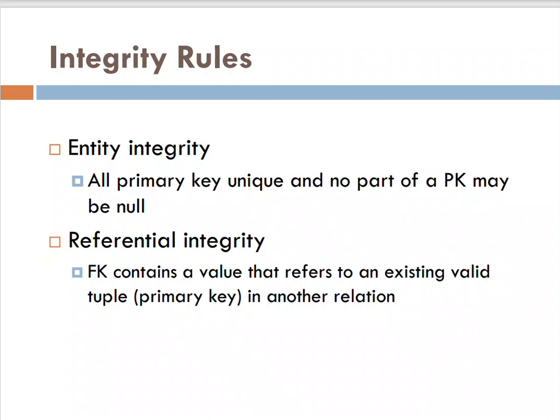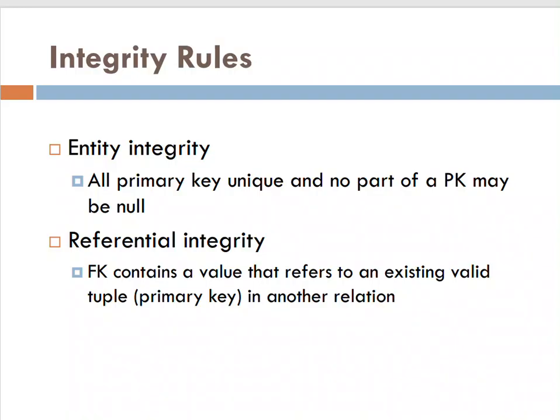Contohnya student metric number, tidak ada dua atau lebih student yang mempunyai metric number yang sama. Maksudnya itu entity integrity, and no part of a primary key may be null, dan tidak boleh wujud student yang tidak ada metric number.